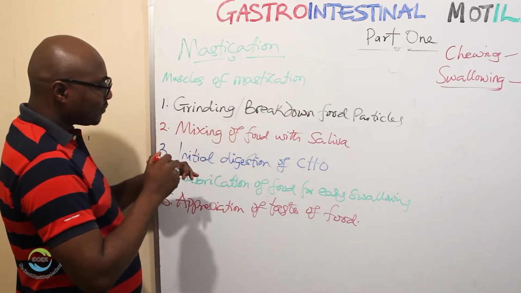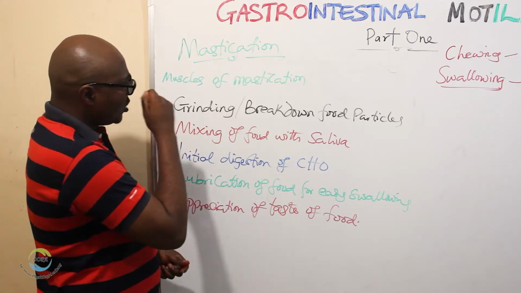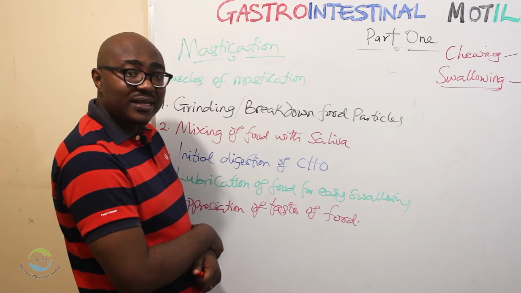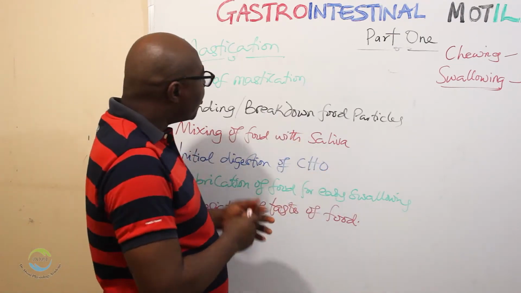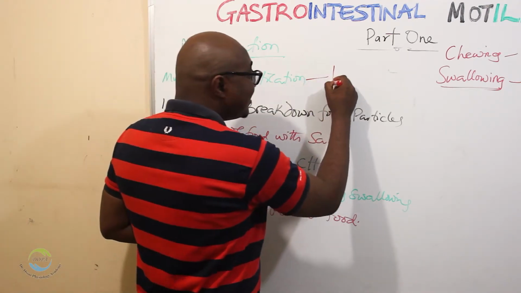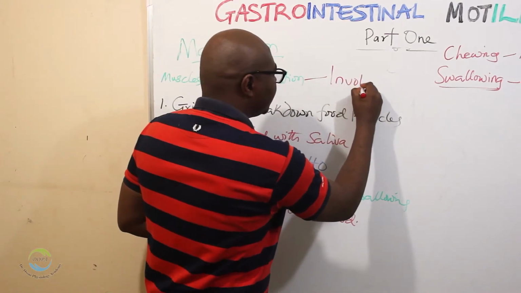functions of chewing. Now, let us look at some of the mechanism. Now, you can stay and be chewing your mouth voluntarily, with conscious effort through your will. But mastication in its ideal self is involuntary.